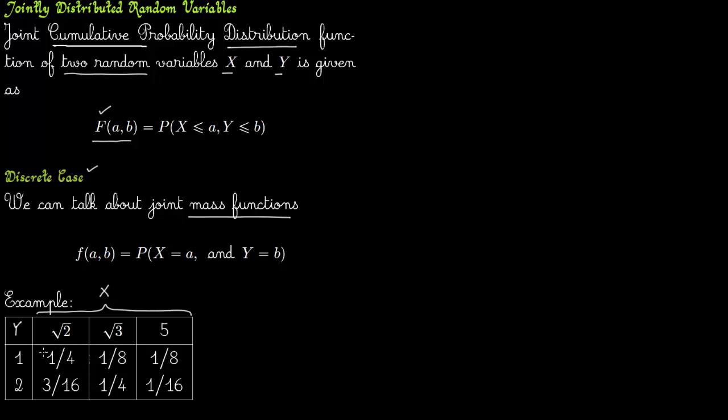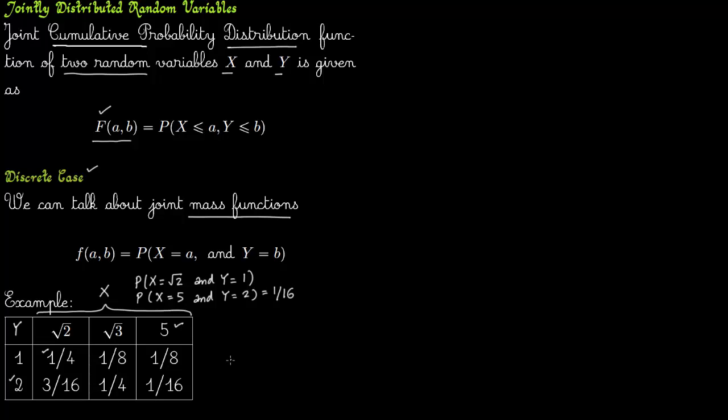So 1 by 4 is the probability that x is equal to root 2 and y is equal to 1. Similarly, 1 by 16 corresponds to y is 2 and x is 5. So this 1 by 16 is the probability that x is 5 and y is 2.